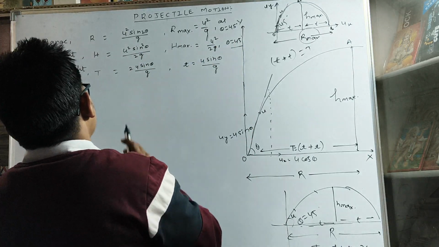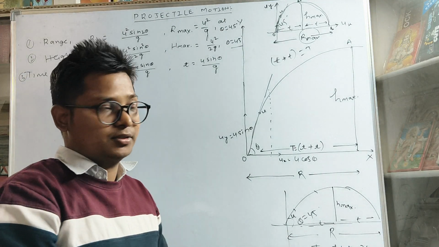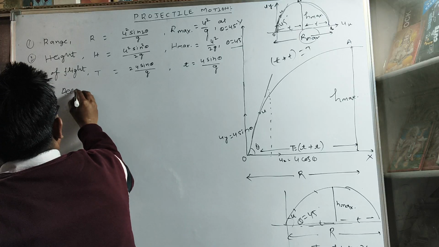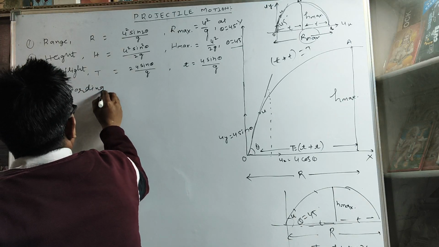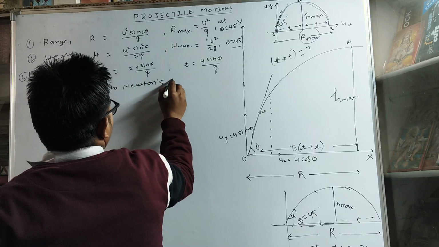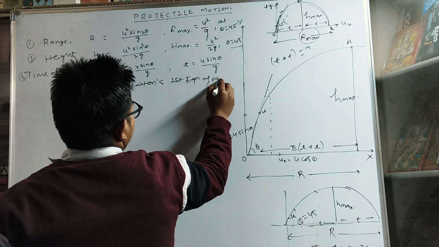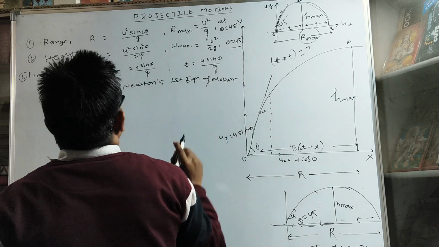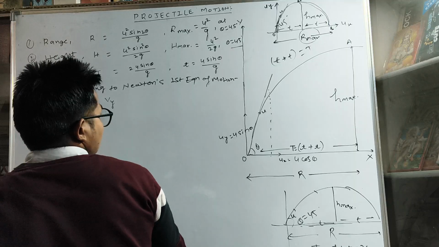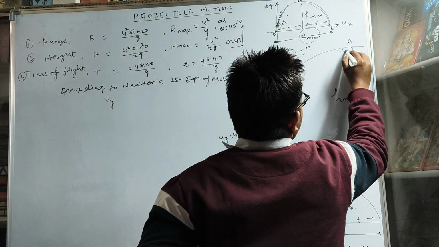If you want to prove these equations, we have to apply Newton's equations of motion. According to Newton's first equation of motion, in the vertical direction, let's assume the final velocity is Vy.